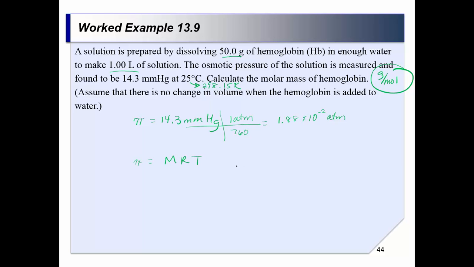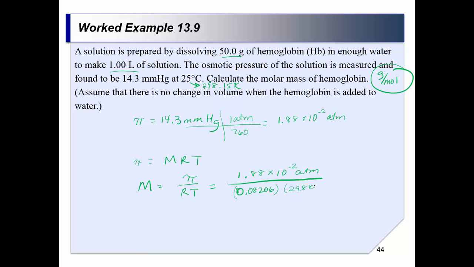We have our M value, which is what we're looking for, so I'll rearrange. So M equals pi over RT. So pi was calculated in atmospheres, 1.88 times 10 to the negative 2, divided by our R value, 0.08206, remember that's liter atmospheres per mole Kelvin, times T, our Kelvin, at 298.